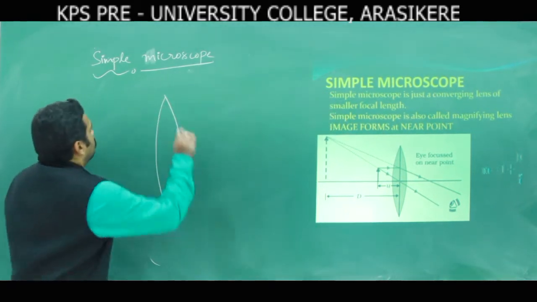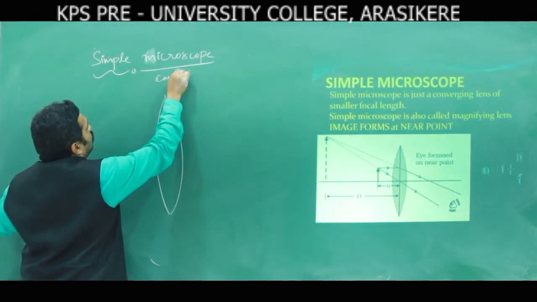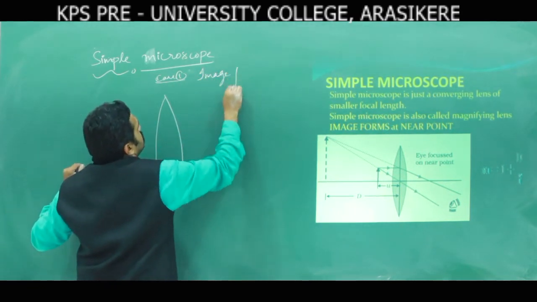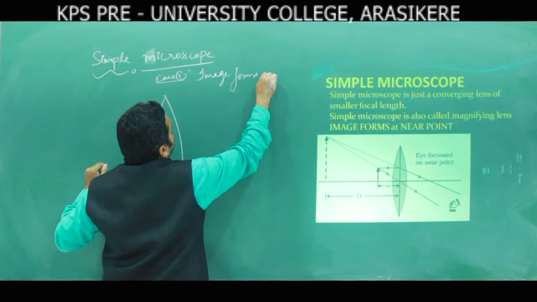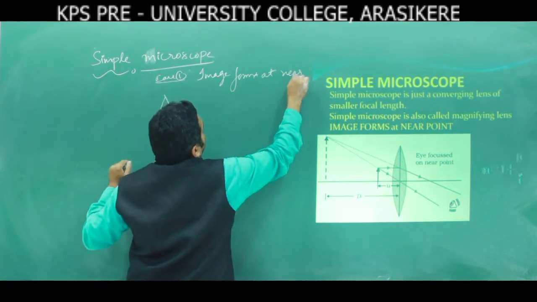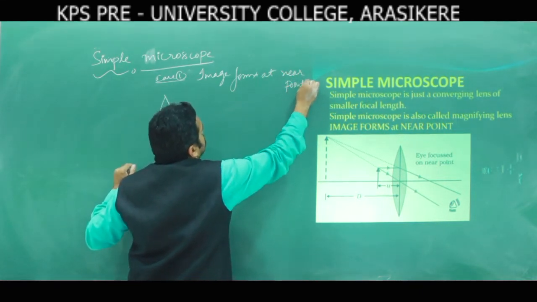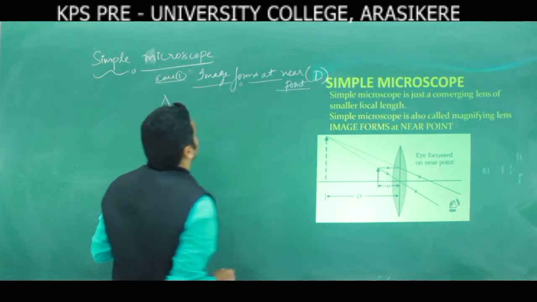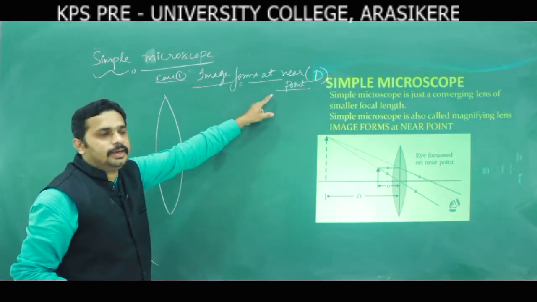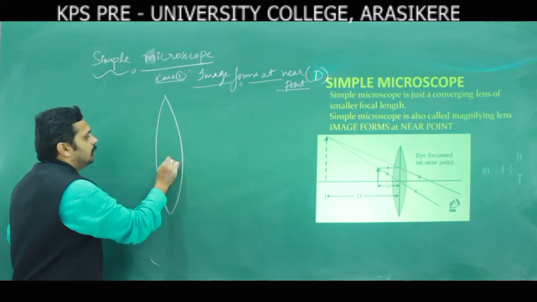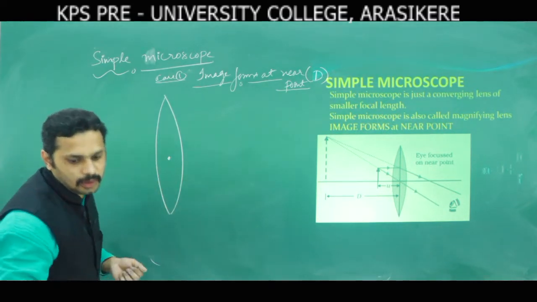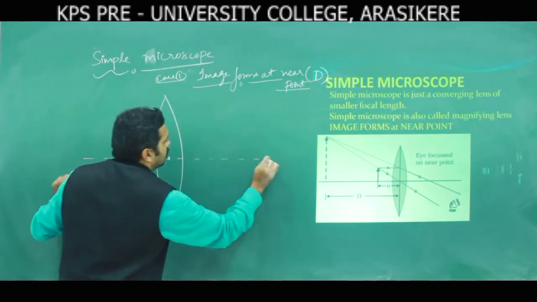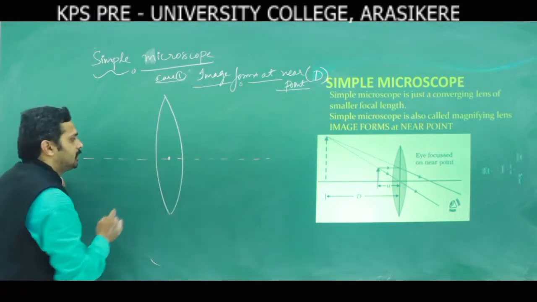Look at here, case 1: the image forms at the near point. Near point means capital D. This is the converging lens, a convex lens, with the principal axis and the optic center.